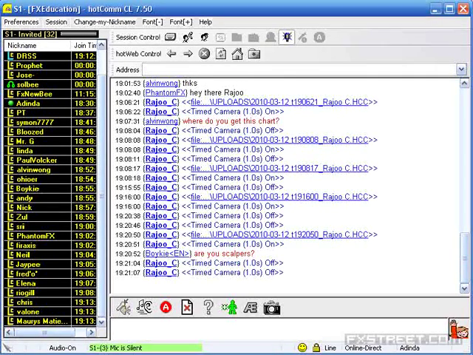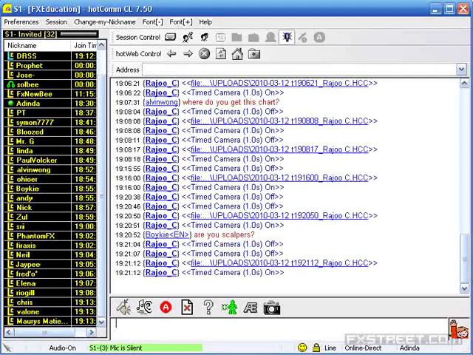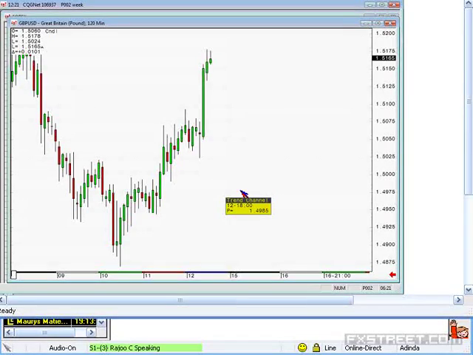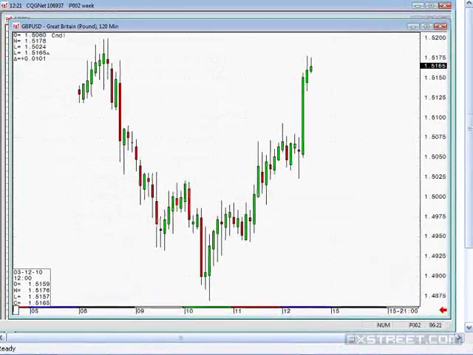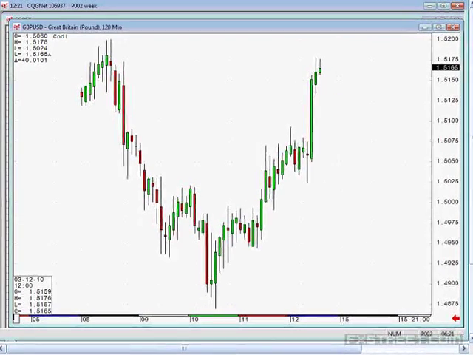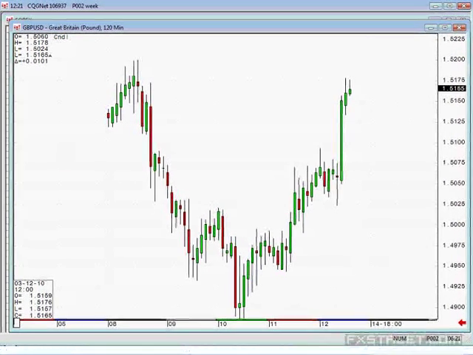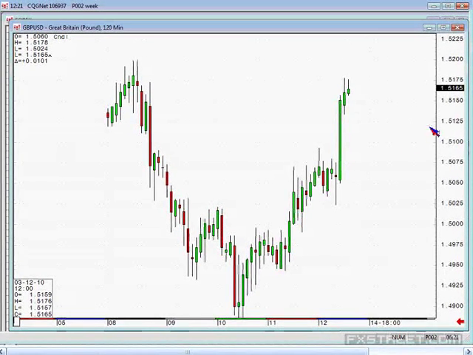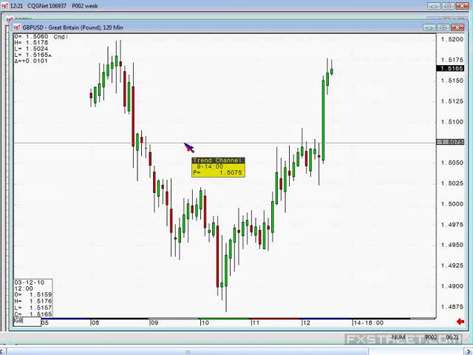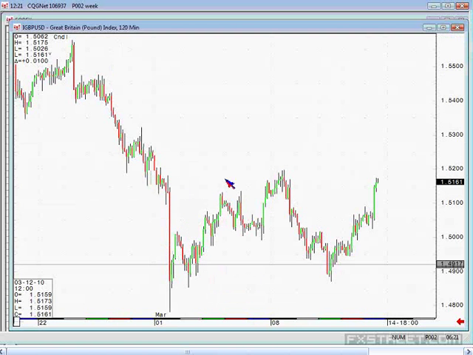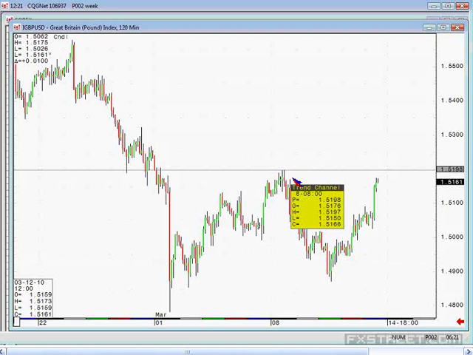So what has happened is, if you notice, this is a 2-hour chart, and as I told you, this market is trying to test the previous high.